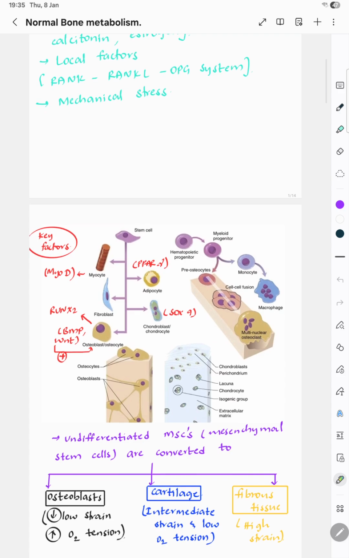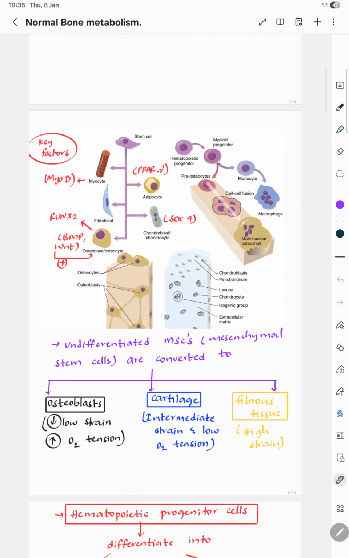Further, we shall see the differentiation of mesenchymal stem cells. The undifferentiated mesenchymal stem cells are converted to osteoblasts, cartilage, and fibrous tissue under certain conditions.